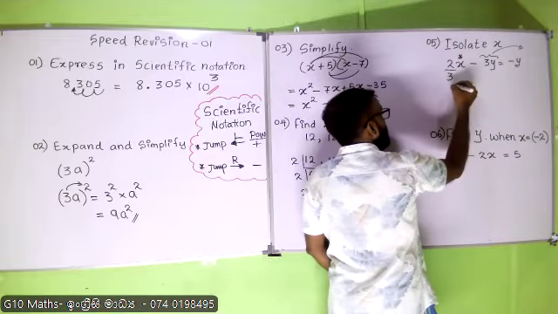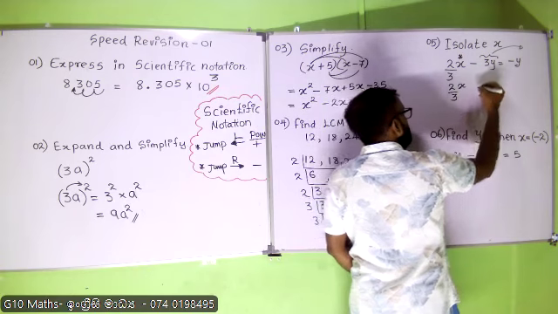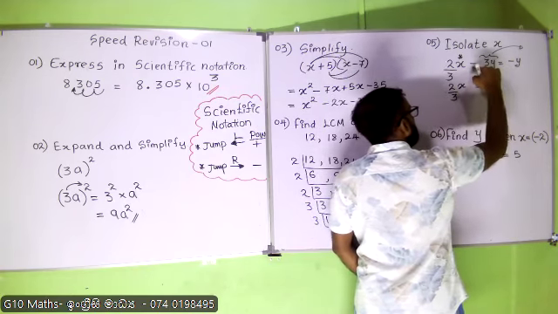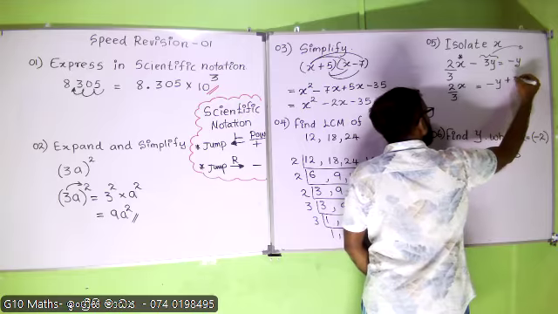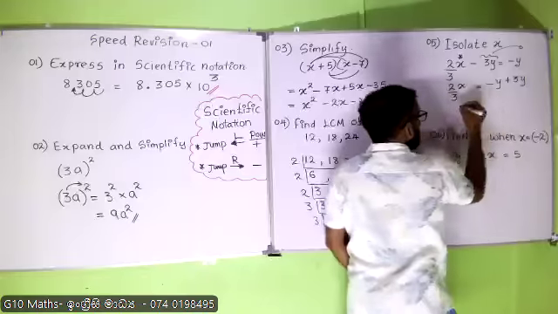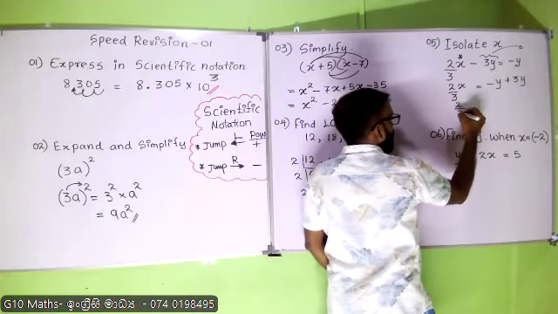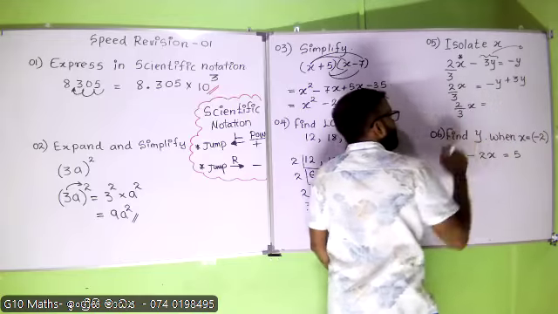So you can write directly 2x divided by 3, equal mark. Here you have minus 5. This is negative 3y. When it goes to the other side, it becomes positive 3. Right? 2 upon 3. X equals, simplify these two.